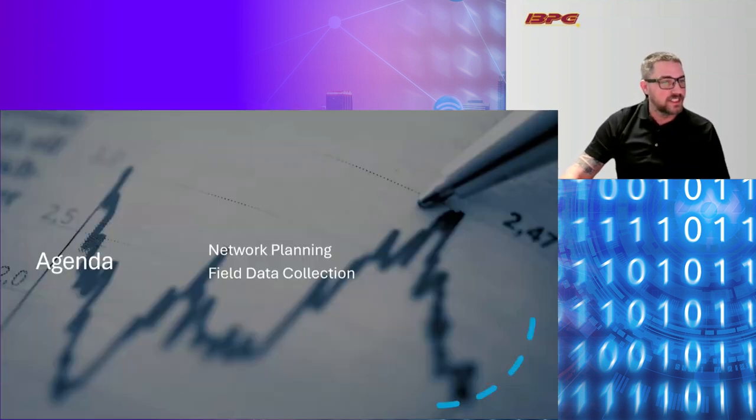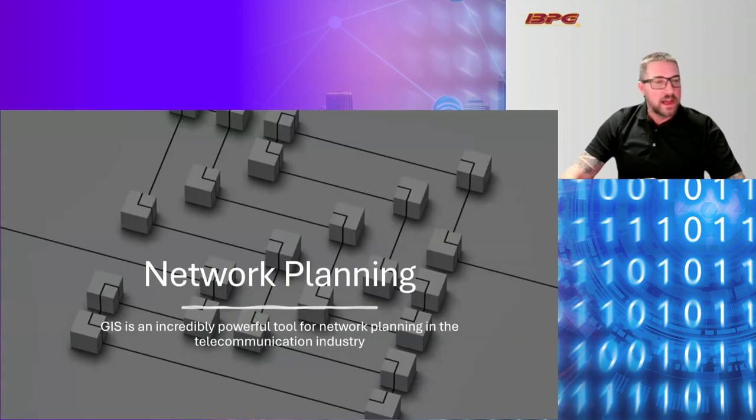Today for my presentation, I want to cover two specific areas that I feel are pretty important to GIS and the telecom industry. Network planning and field data collection. Network planning, it's an incredibly powerful tool. Utility network planning is the process of creating and managing a GIS representation of utility networks.